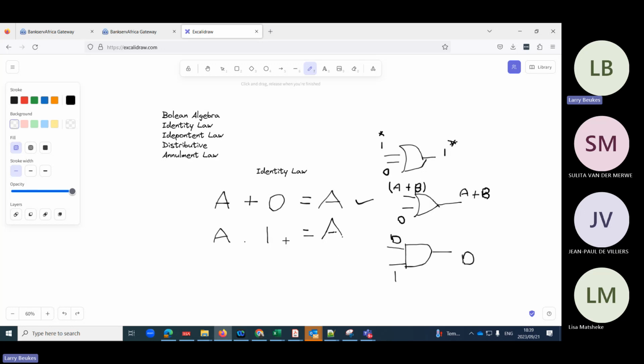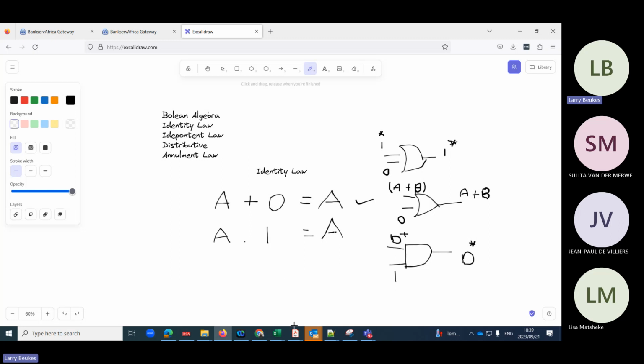So we're just saying, if the input is ANDed with a 1, the output will be that input. Right? So this and this will be identical, and this will be identical.